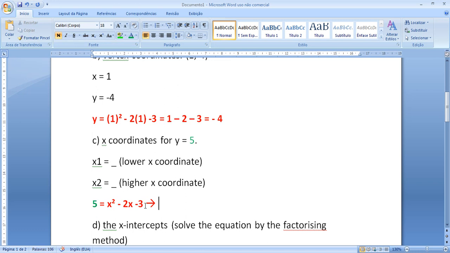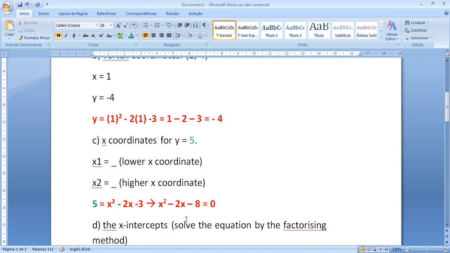So I'm gonna find x squared minus 2x minus 8 now is equal to 0. Because when we passed the number 5 to the other side, it turns to negative 5 minus 3, negative 8.